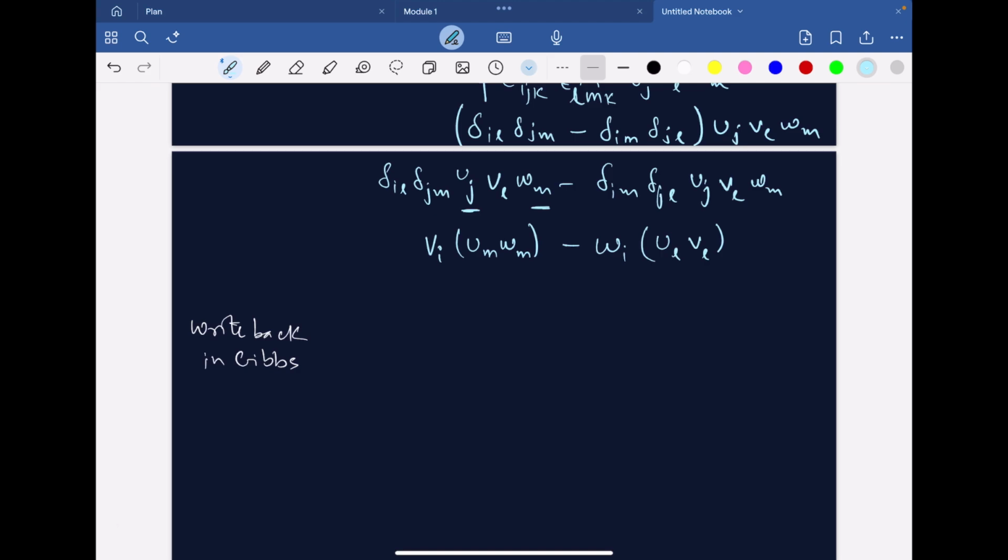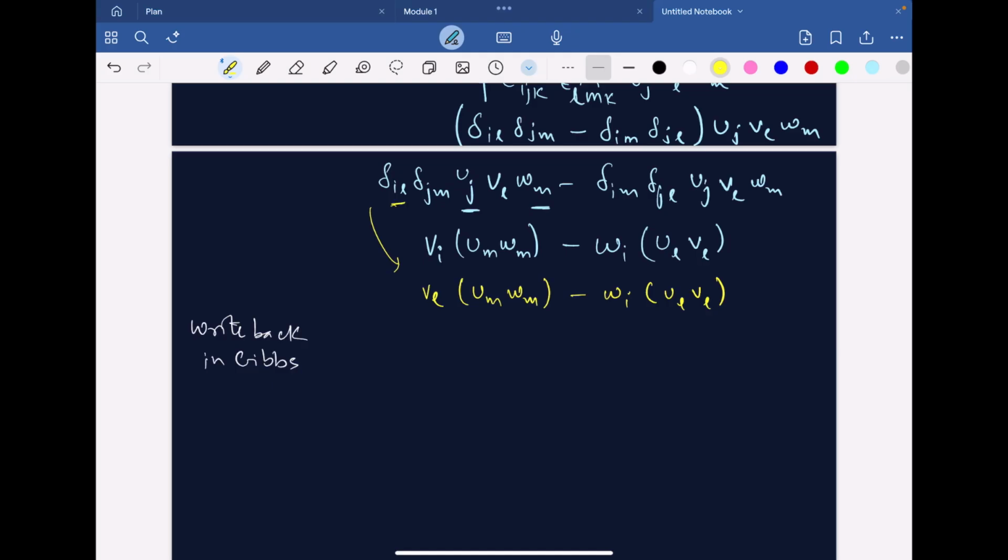I could have alternatively written v_l u_m w_m after this step, and kept this as w_i, with u_l v_l unchanged. Then that would be a mistake. Why would that be a mistake?